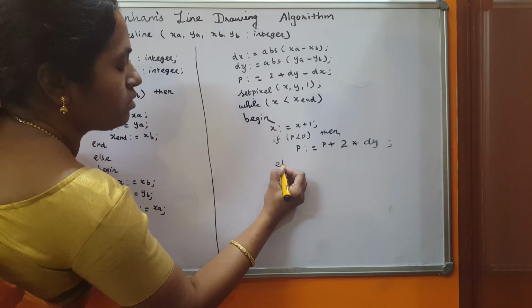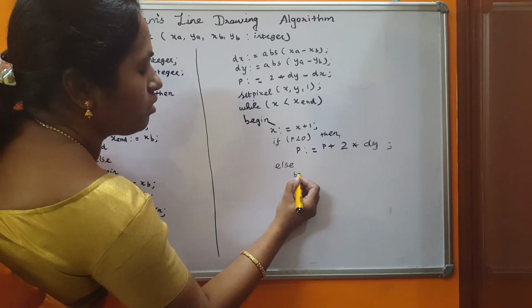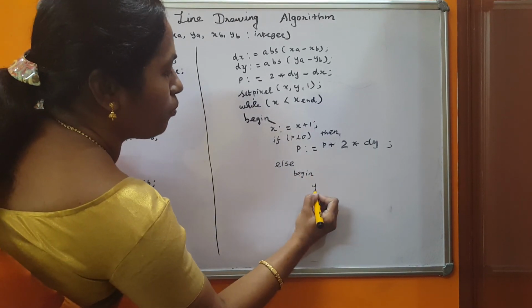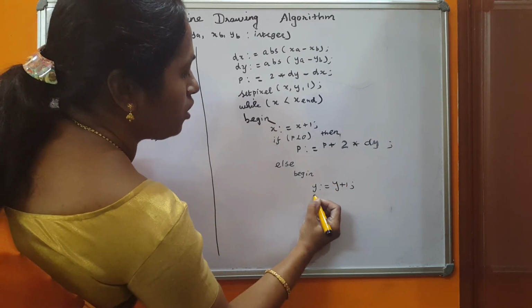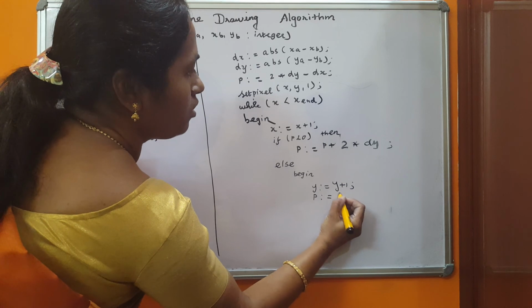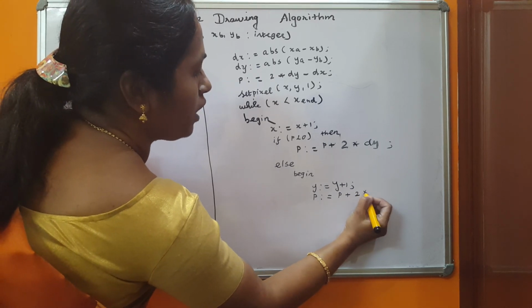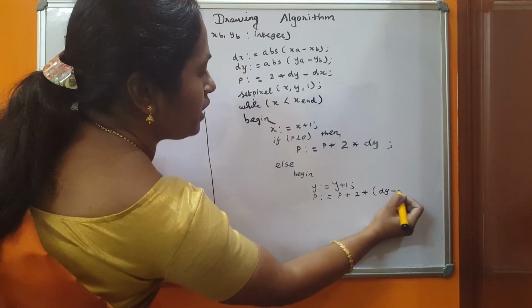Else begin, y also incremented, new p value equal to p plus 2 asterisk dy minus dx.